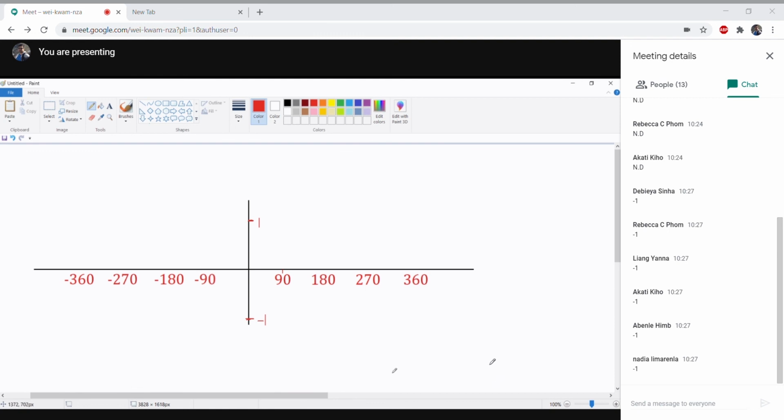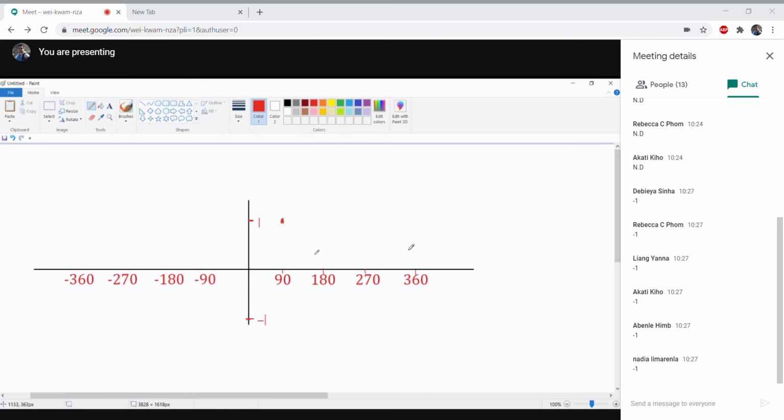I hope you notice that the sine value is between -1 and 1, right? What is the value of sine at 0 degree? Sine 0 is 0, right? What is sine 90 degree? It is 1 here, right?